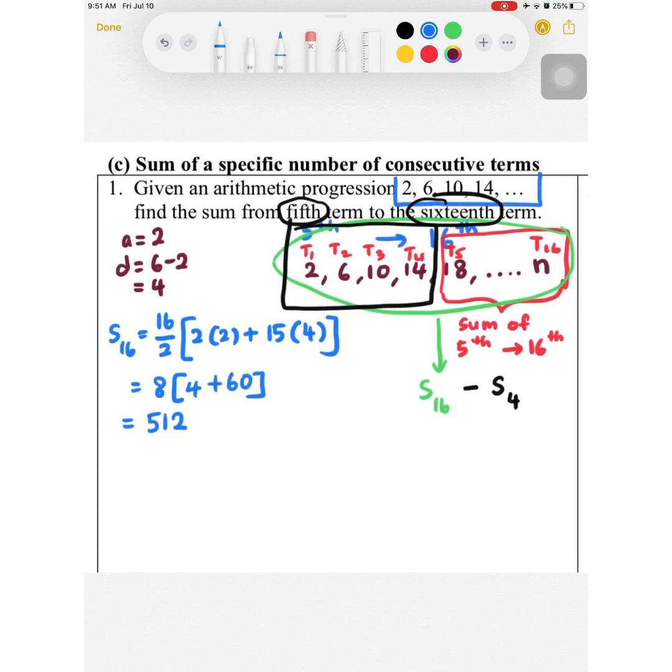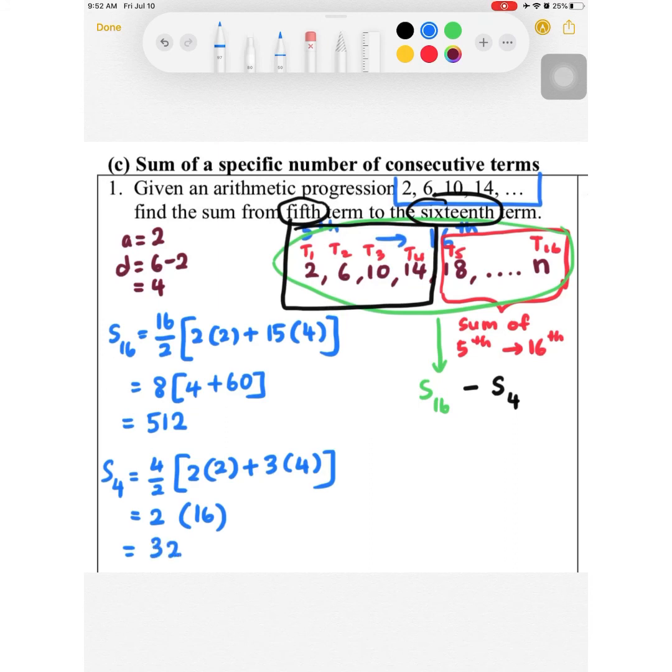Now to find S4, using the same formula, you get 4 over 2 times 2a, right, plus n minus 1 is 3 times 4. Then you'll get 2 times 16, then you'll get 32.